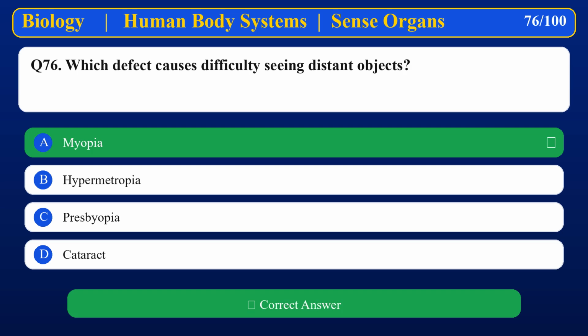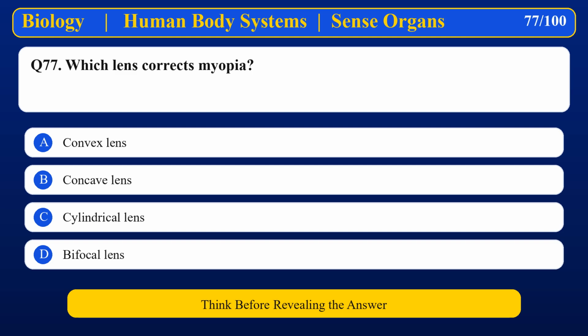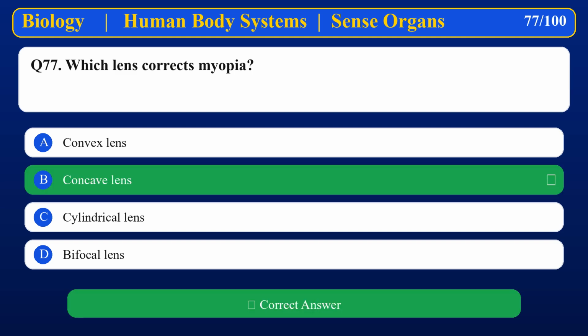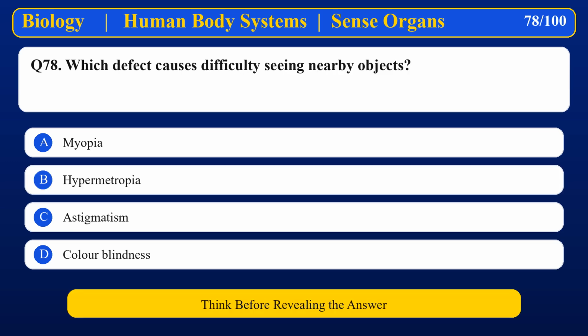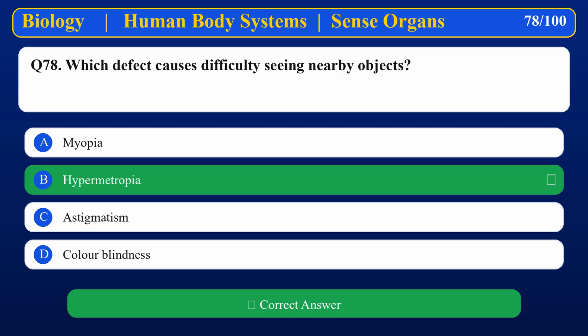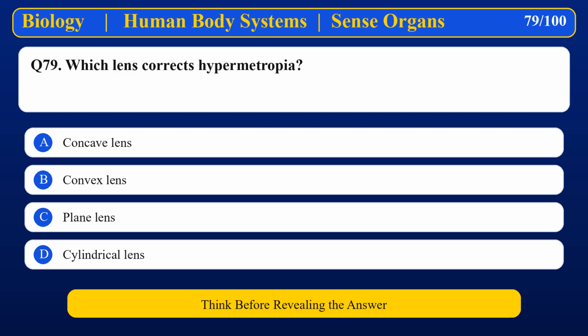Myopia. Which lens corrects myopia? Concave lens. Which defect causes difficulty seeing nearby objects? Hypermetropia. Which lens corrects hypermetropia?